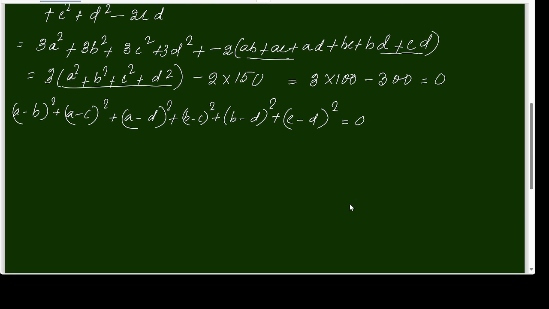Now it's clear that we know when the sum of many squares is 0, it means each of the squares is 0.